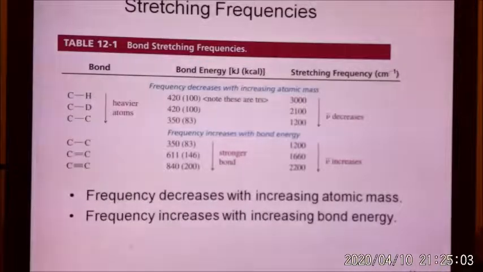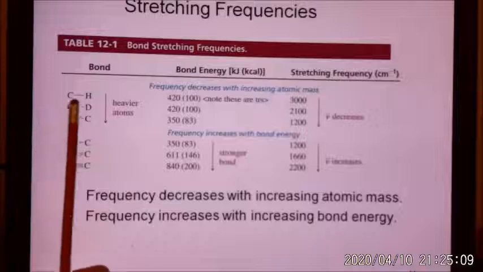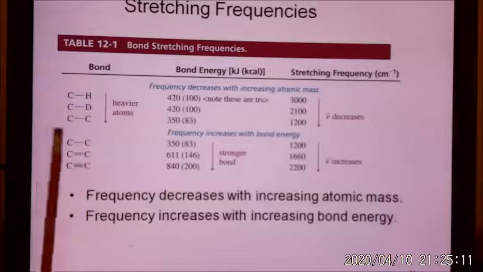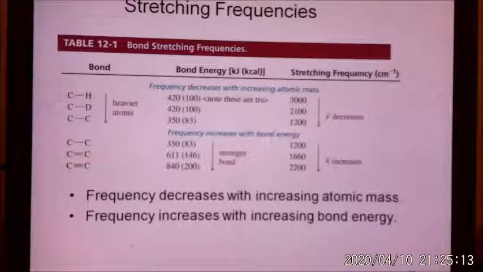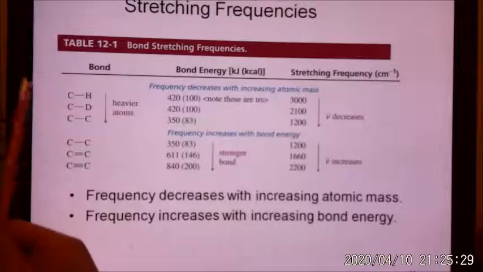Let's go through the bond stretching frequencies. As you can see, as I increase the mass of my atoms, I decrease my wave numbers. Think about paddle ball: if you have a light ping pong ball on your paddle, you can have a high frequency.